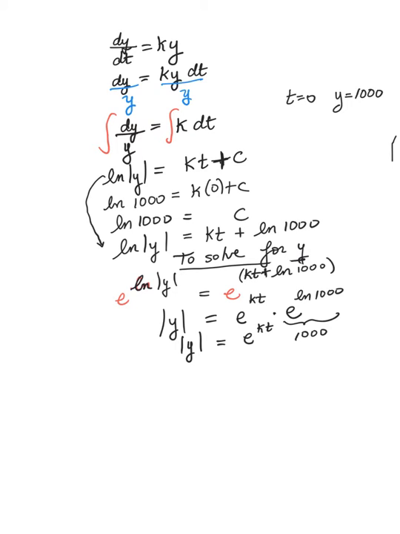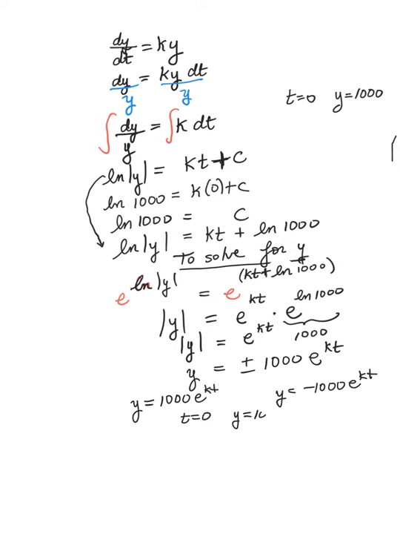That's when we split up the expression into the product of two e's. To clear the absolute value, we introduce positive or negative, and we'll move the 1,000 to the front. We see that there are two possible solutions, y equals 1,000 e to the kt, or y equals negative 1,000 e to the kt. But the one that satisfies the condition that when t equals 0, y is 1,000 is obviously the first one.